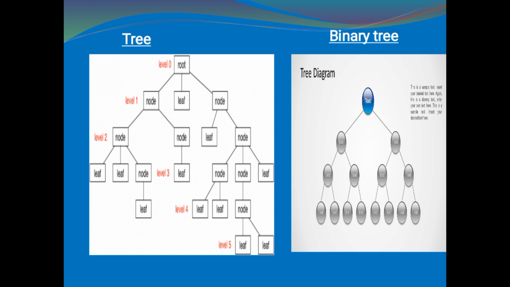A normal tree T is nothing but a collection of disjoint subtrees T1, T2, T3, and so on. Okay. Now what is a binary tree? As the name implies, binary means 2. It contains only two nodes at each level. It may contain 2 nodes or 1 node or 0 nodes.